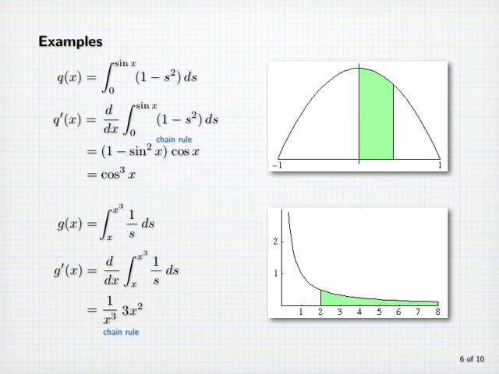The derivative of the second term would be minus 1 over x, that is, x substituted into the integrand. Since the derivative of x with respect to x is 1, we don't need to worry about the chain rule there. So we have 3x squared over x cubed, which is 3 over x, minus 1 over x, equals 2 over x.